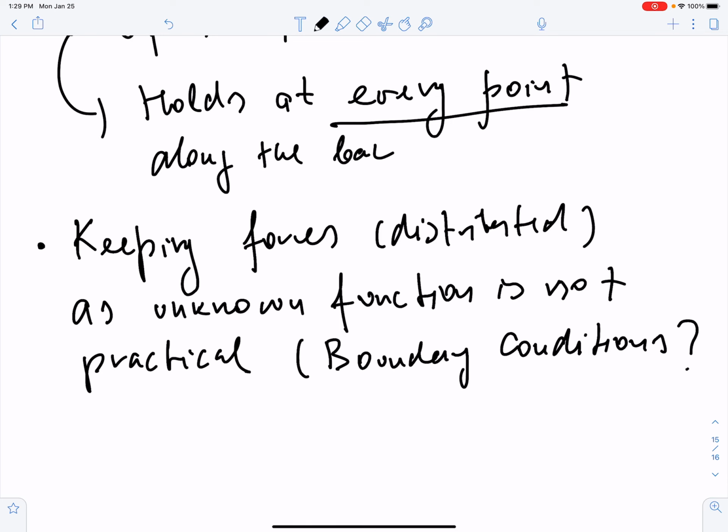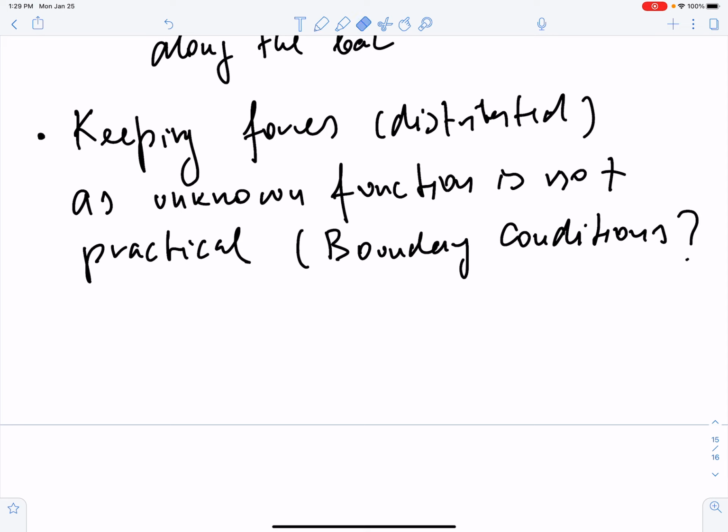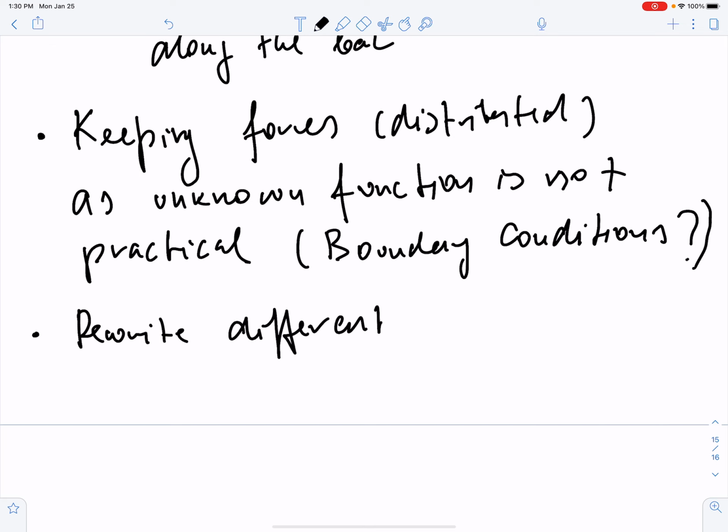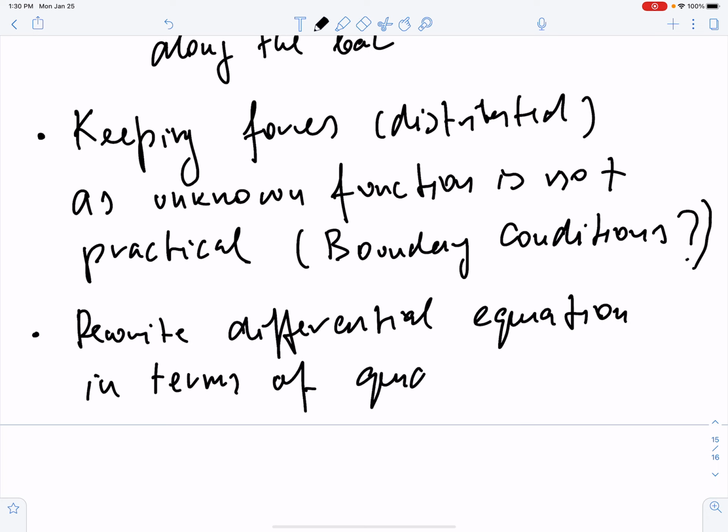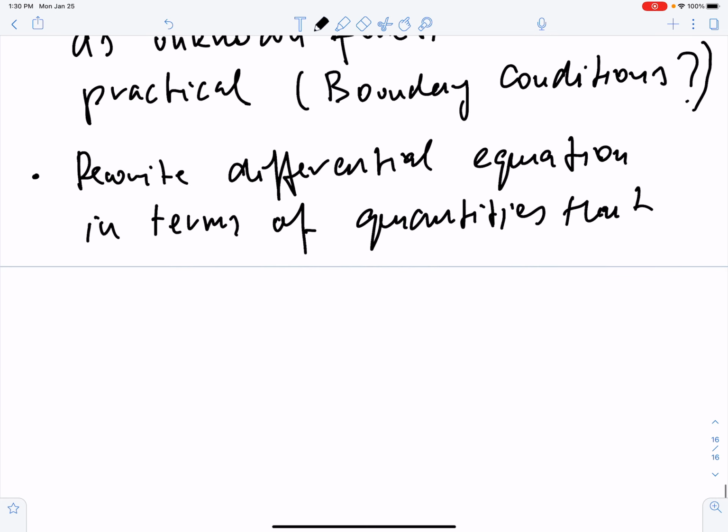Another thing is that in multiple dimensions it also doesn't work. So what you need to do is rewrite the differential equation in terms of quantities that you can prescribe.